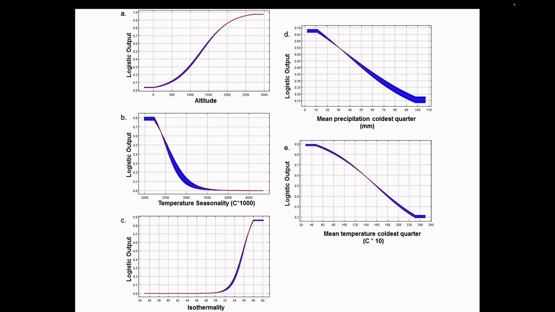So you can see here, it's blocked by my video picture, but you can see here that as altitude increases for whatever species this is, you find the species present. As altitude decreases, you tend to not find the species present.